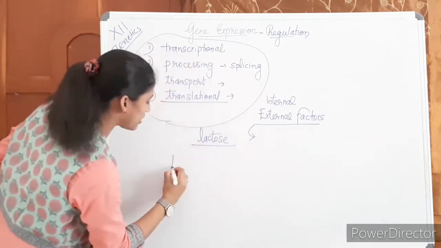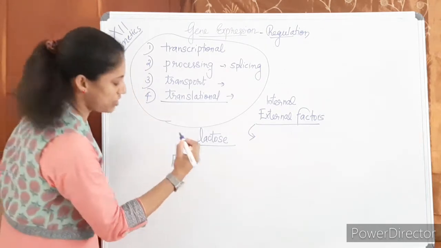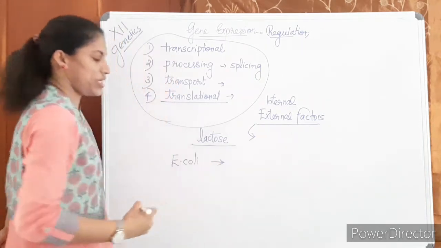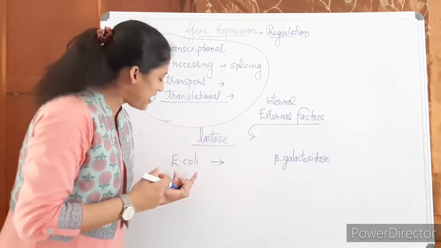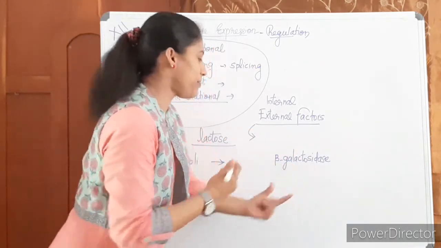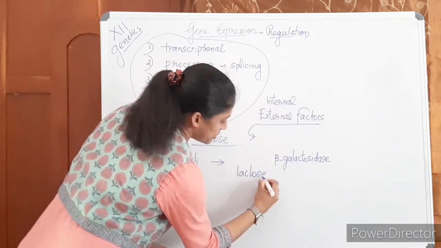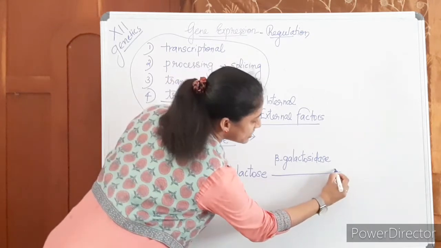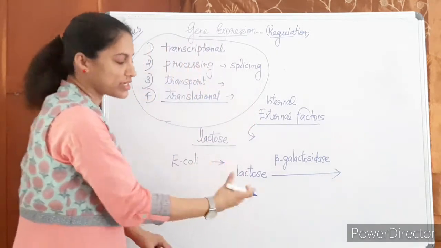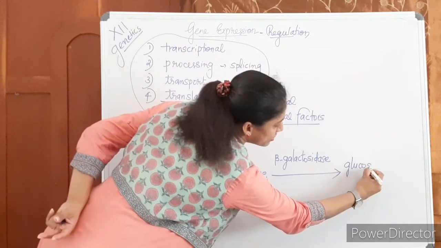Okay, in the case of the bacterium Escherichia coli, the most used experimental material. In the bacteria Escherichia coli, the beta-galactosidase enzyme is required for the metabolism of lactose. And this enzyme splits or breaks down lactose to glucose and galactose.